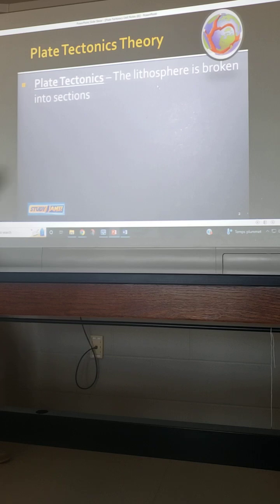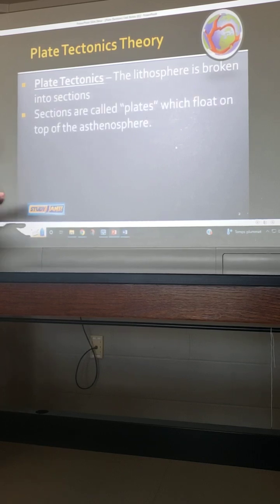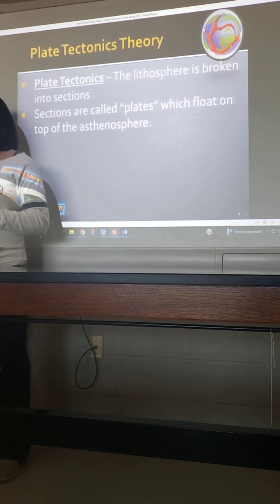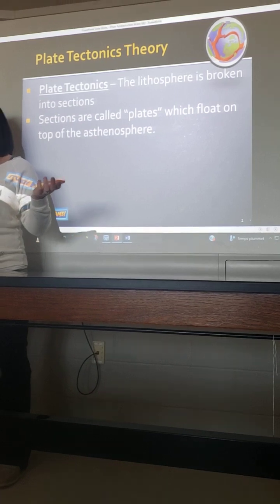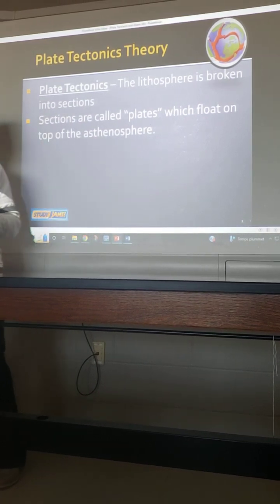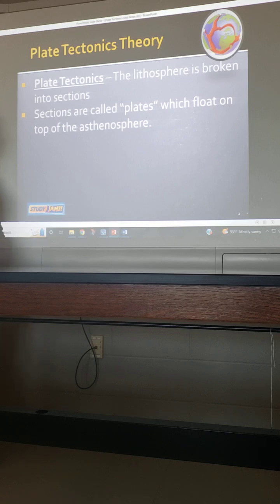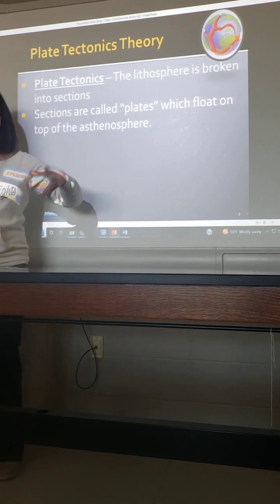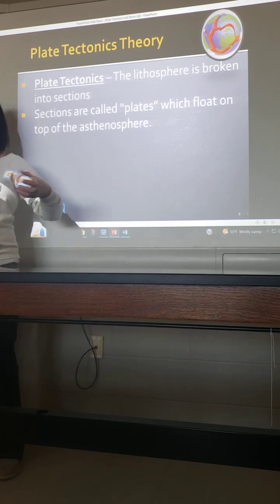The lithosphere is broken into sections, and we call these sections plates. Why plates? I don't know. When I think of plates, I always think of big dinner plates on the dining room table. But they're floating on the asthenosphere, which we know is that thick magma, that molten, melted rock.